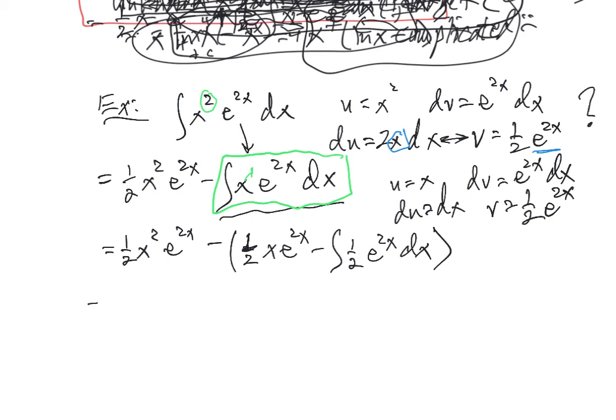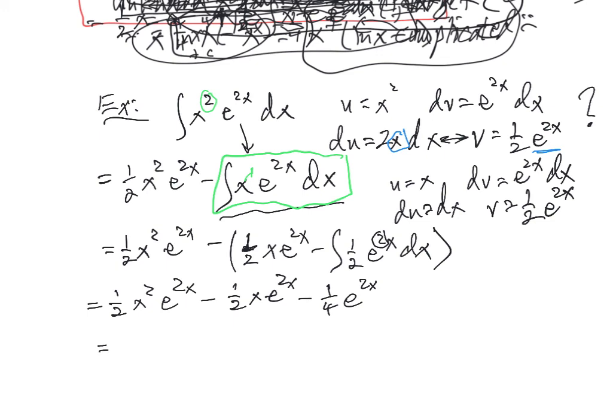So here's our answer. Maybe we'll write it in simplified form once we've worked it all out. So minus 1/2 x e to the 2x minus 1/4. Right? Because of this 2, we need to divide, multiply and divide by 2 again.